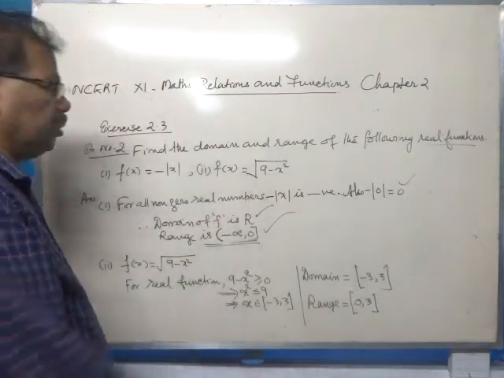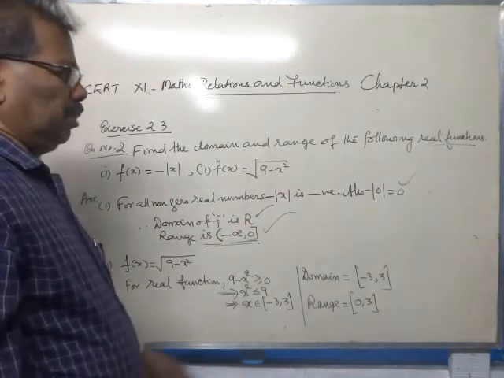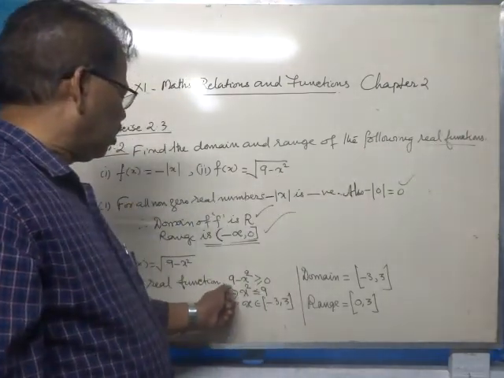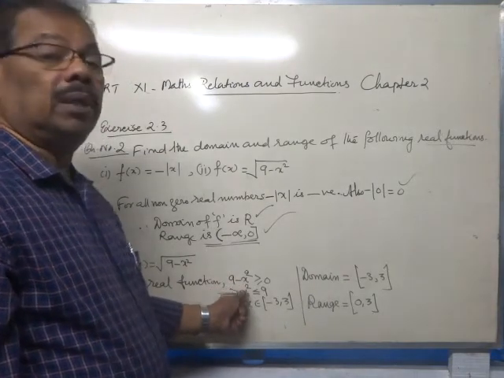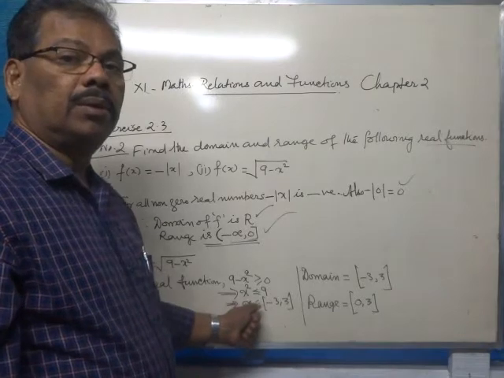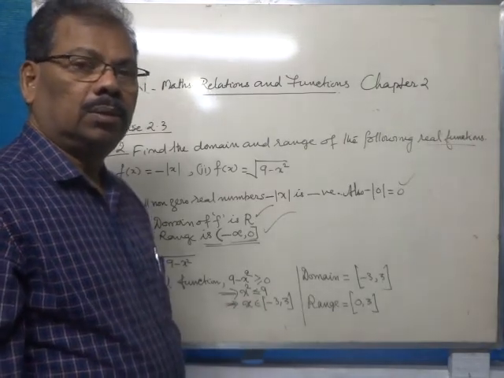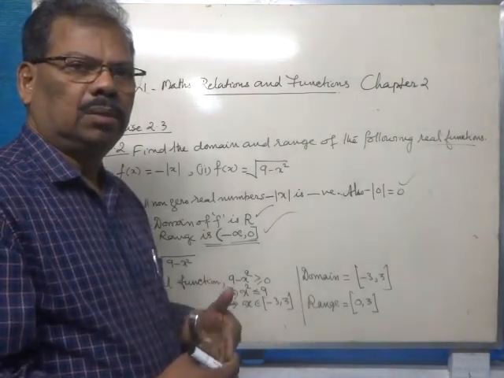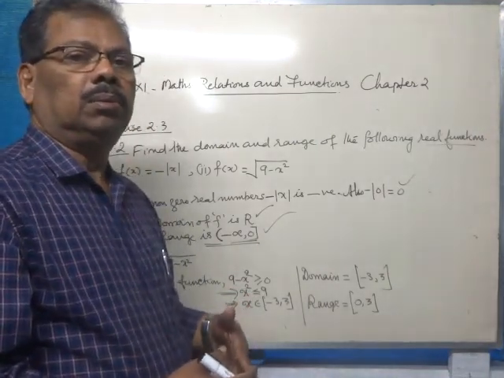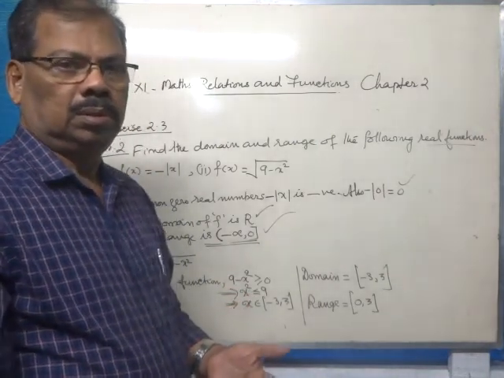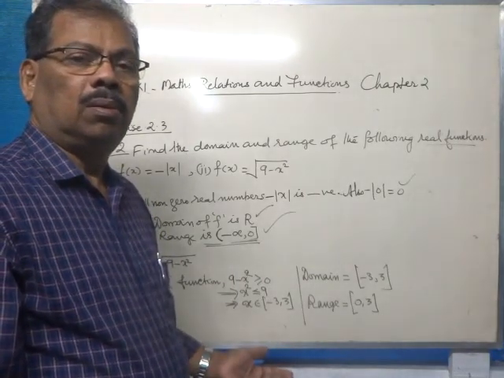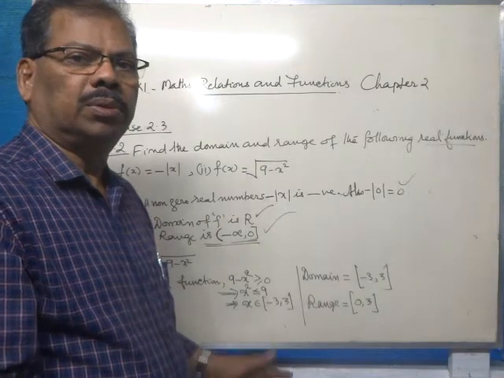Therefore, as it is specifically such a real function, we must take 9 minus x square greater than or equal to 0. That means x square less than or equal to 9. So x can take values from negative 3 to positive 3. We can't go beyond negative 3 or positive 3.